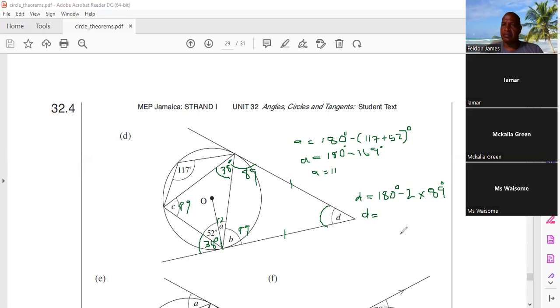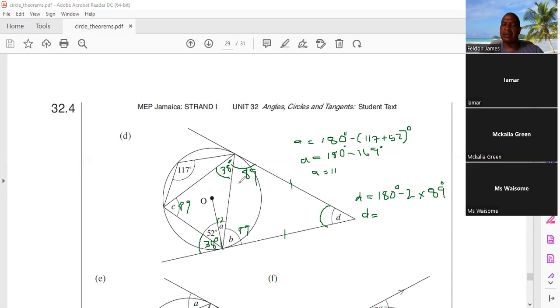Anybody? Can somebody write that out? Sir, what am I supposed to work out? You want to find 180 minus 89 times 2. 89 times 2 gives you what? 178.